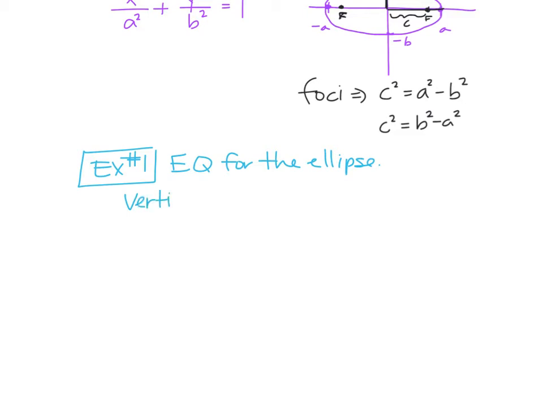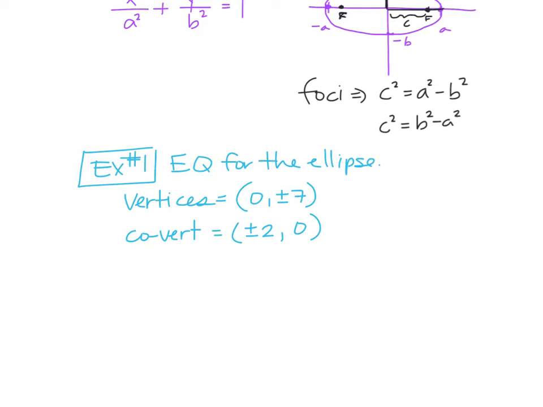So your vertices are 0, plus or minus 7. Your covertices are going to be plus or minus 2, 0. You can always graph this if it helps you to see it. You don't have to, but we're just trying to come up with the equation.